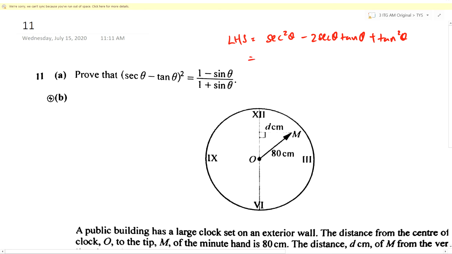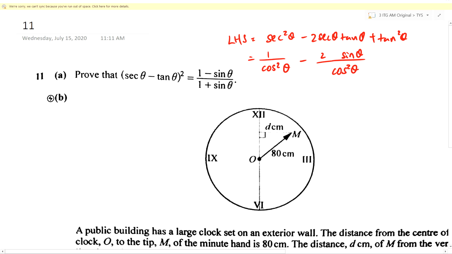Now we have the option to rewrite everything in terms of sine and cosine, because that's the other approach that we will take. And we see that the right hand side is solely in terms of sine only. So let's see what we can achieve from there. This is 1 over cosine squared theta, minus 2 over cosine theta. Now tangent theta will become sine over cosine, so sine theta, and then instead of writing another cosine at the denominator, let's just change it to cosine squared theta.